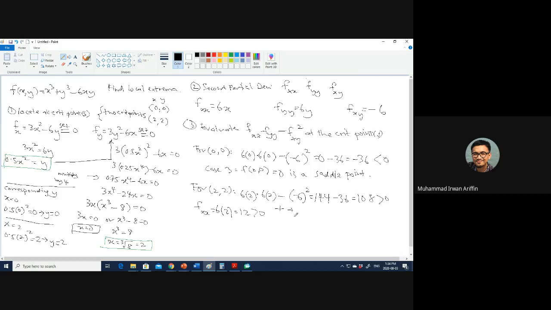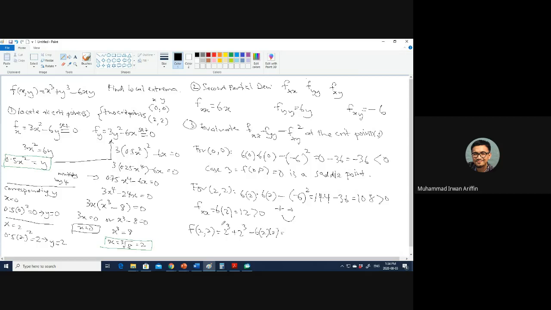Since this is positive, can we conclude? Yeah, of course, but you need to put this back into the original function here. So f when x is 2 and y is 2 equals 2 to the power of 3 plus 2 to the power of 3 minus 6 times 2 times 2.